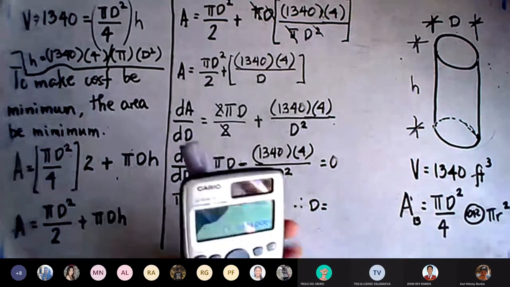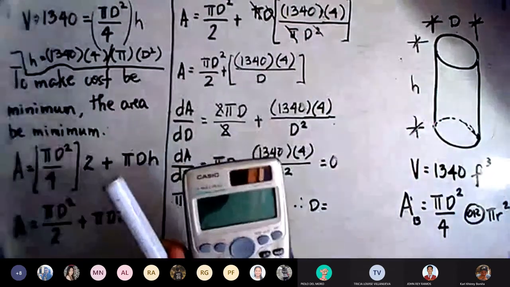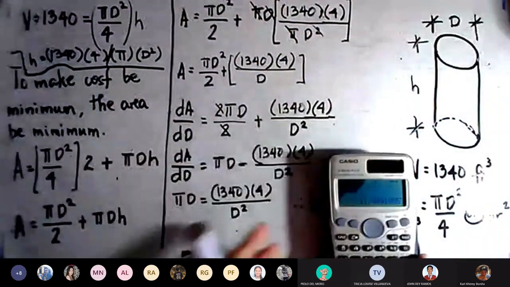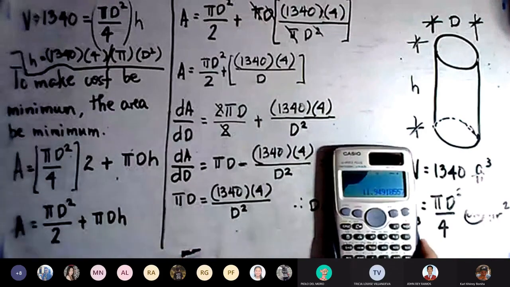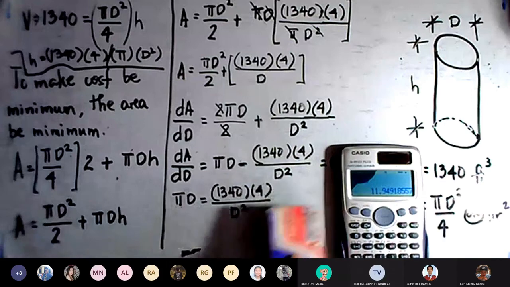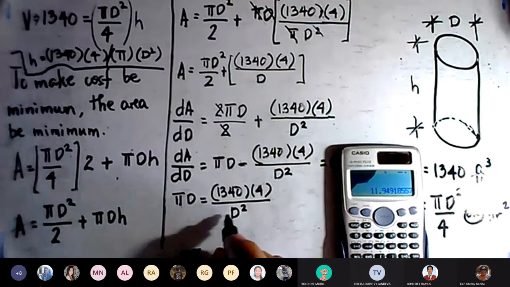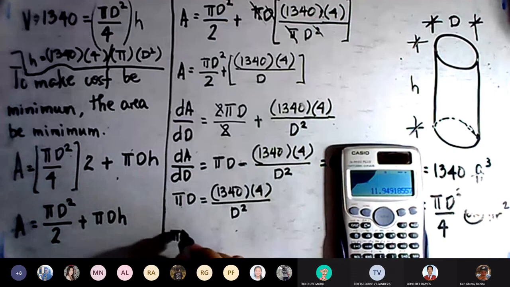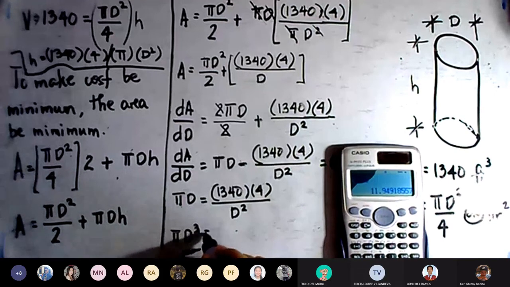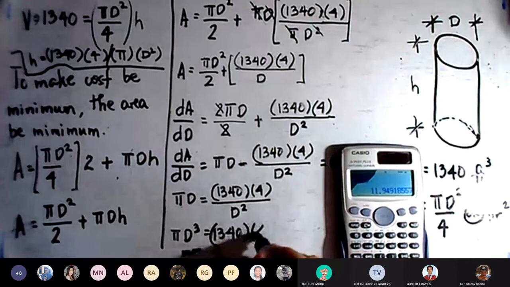That is 11.95. So pi times d cubed is equals to 1,340 times 4.